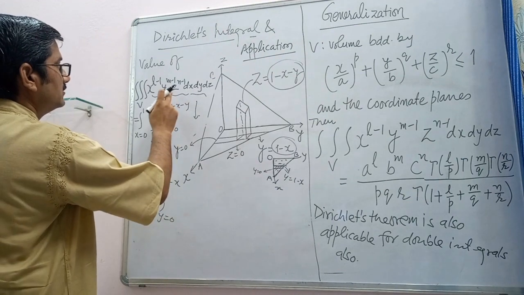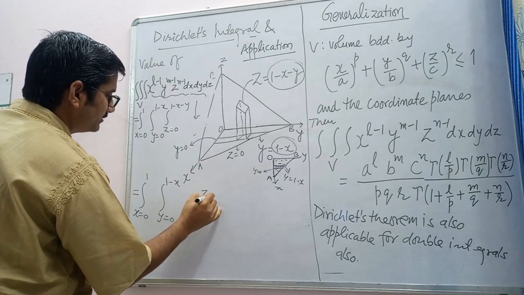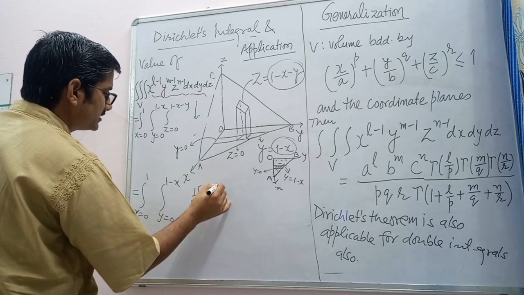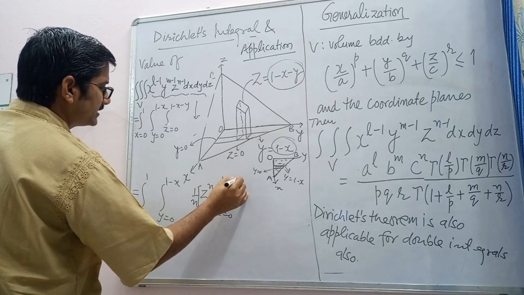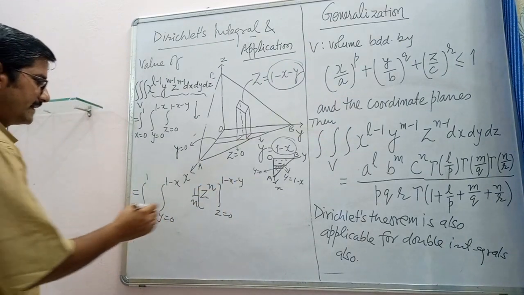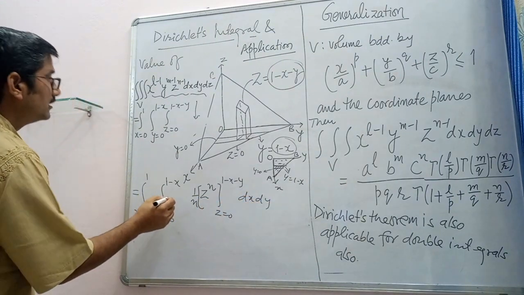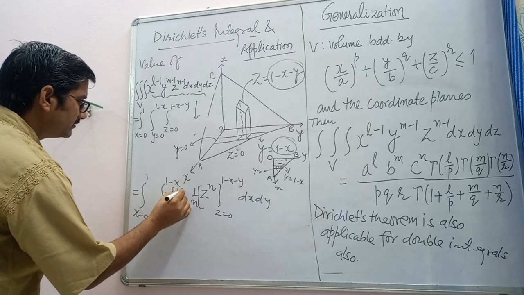So the integration of z to the power n minus 1 with respect to z will be z to the power n upon n, and limits of z are 0 to 1 minus x minus y, dx dy, and it is x to the power l minus 1, y to the power m minus 1.